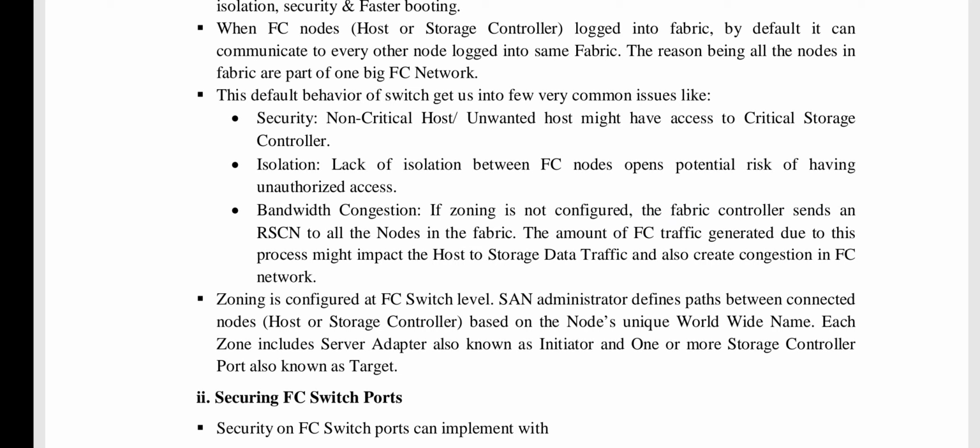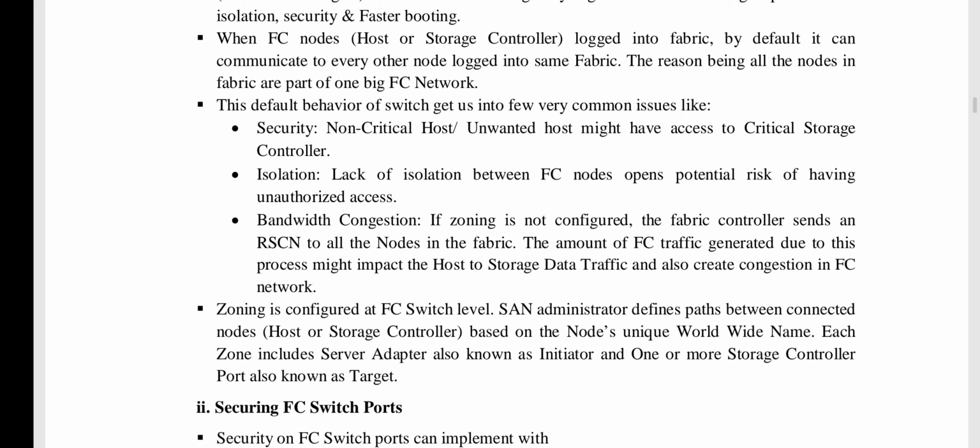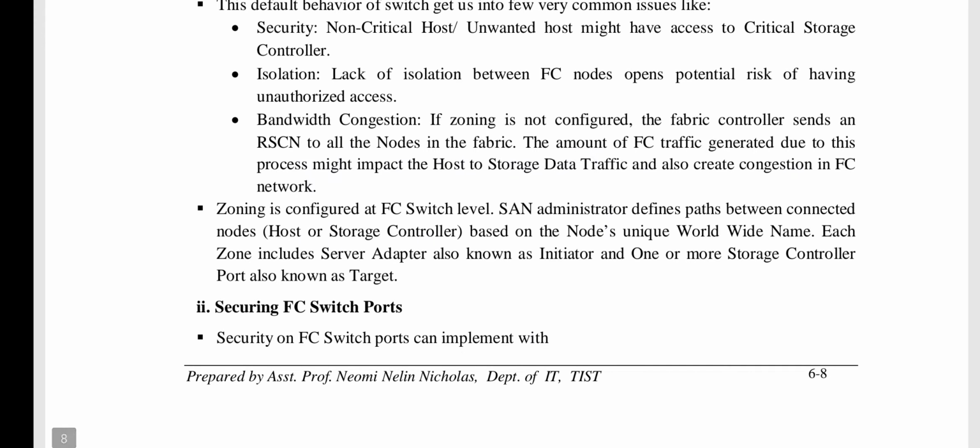Once you're on the same fabric, you get the access, so isolation cannot be provided. Then bandwidth congestion: if zoning is not configured, the fabric controller sends an RSCN, the registered state change notification, to all the nodes in the fabric, and this causes congestion in the network.